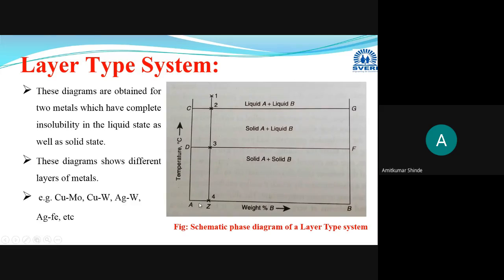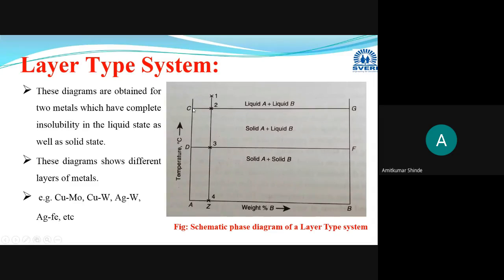At point A, the percentage of B will be 0, and at point B, the percentage of B is 100%. Means when you are moving from point A to B, the percentage of B will be in increasing order. Then this point C is the melting point of element A, and this point D is the melting point of element B.